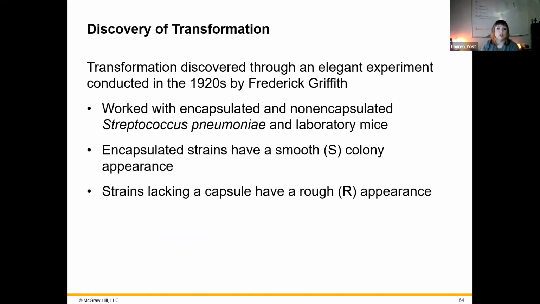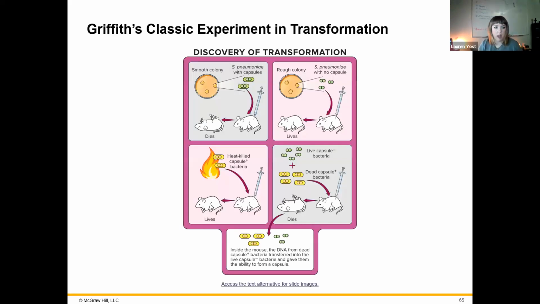A pretty interesting little experiment that was done by Frederick Griffith. We had Streptococcus pneumoniae that had capsules and didn't have capsules. So capsules, again, that's going to be a virulence factor. It's going to make things more effective at being bad for you. So the ones that had the capsule were causing the mice to die. The ones that didn't, the mice were fine.